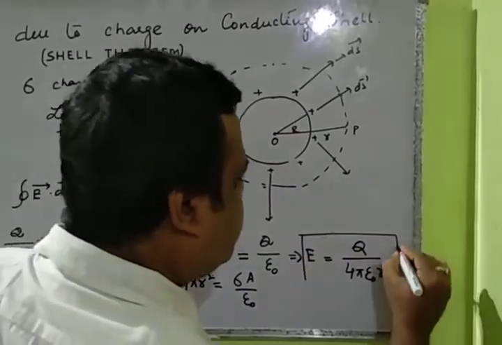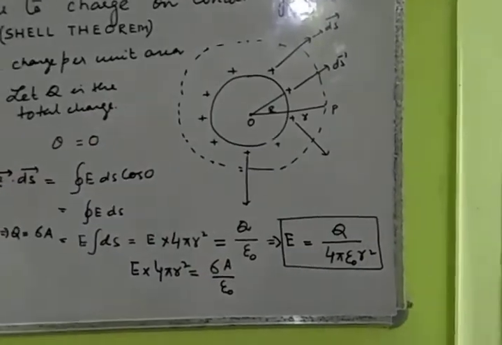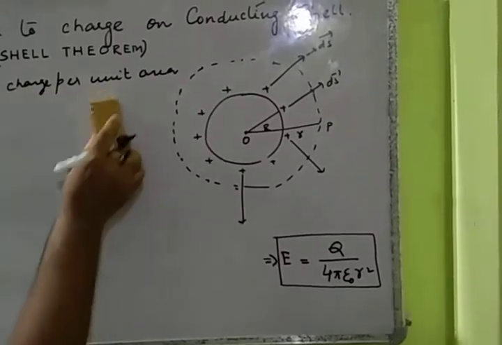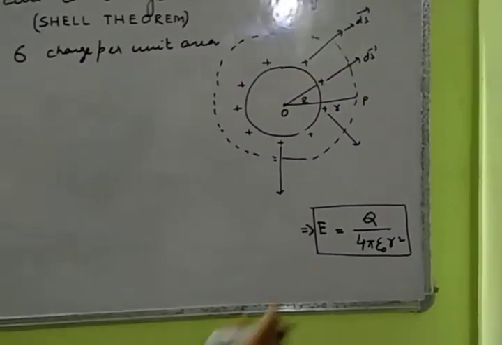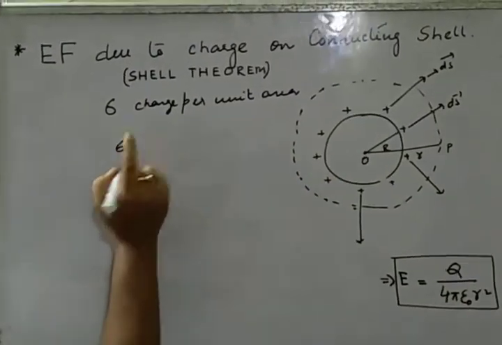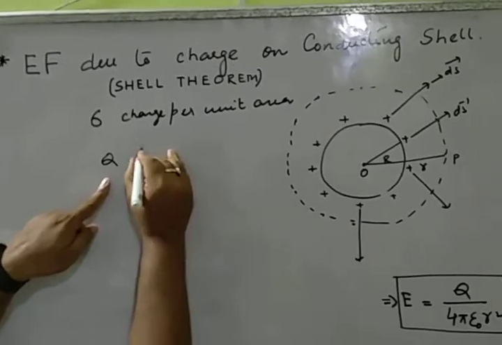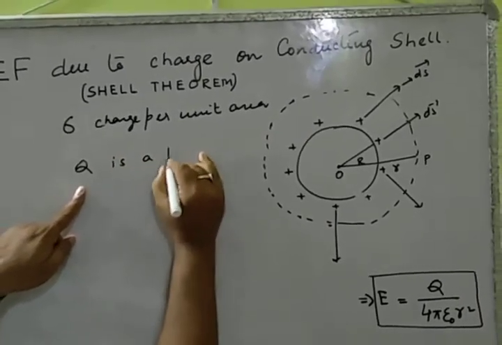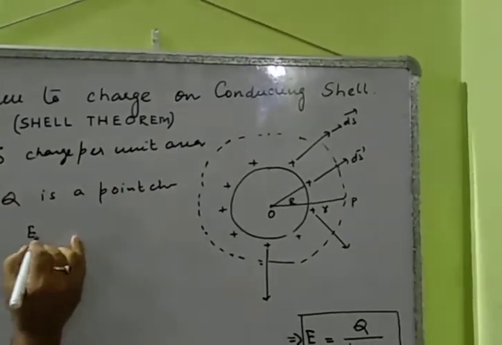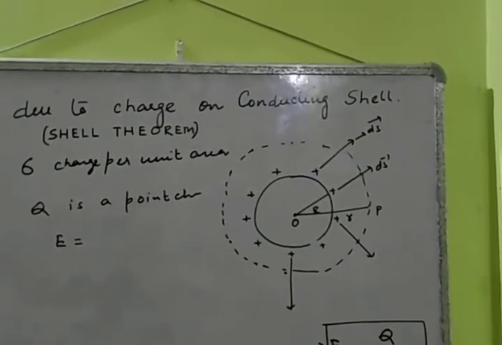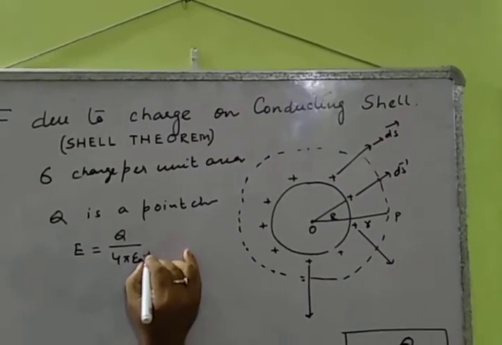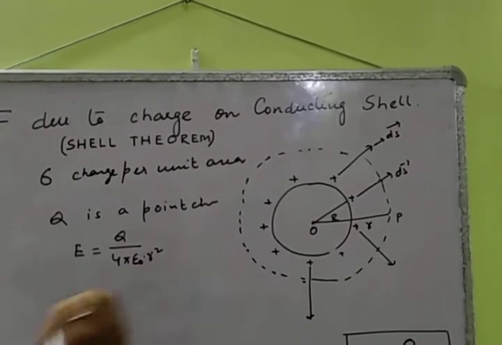See this equation very carefully. This is the first case. Now the situation number 2: if Q is a point charge, the electric field formula we found was Q by 4 pi epsilon naught into, suppose, r square.